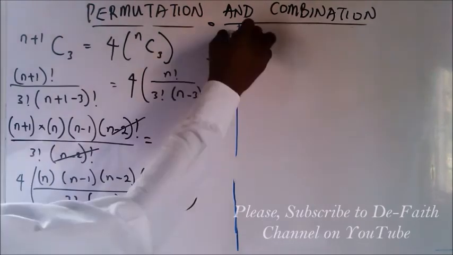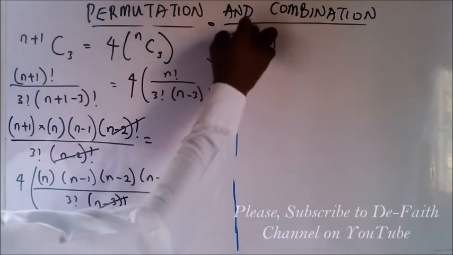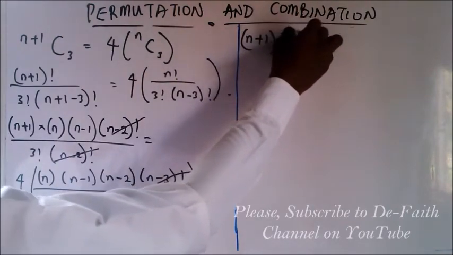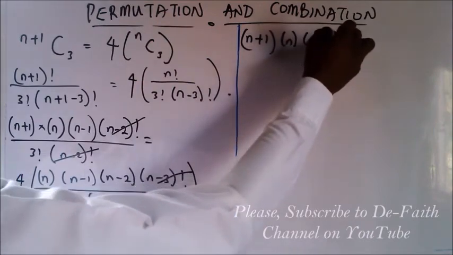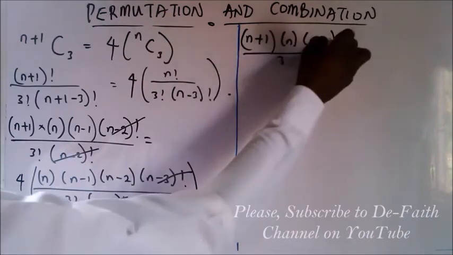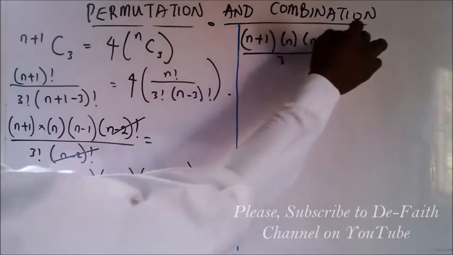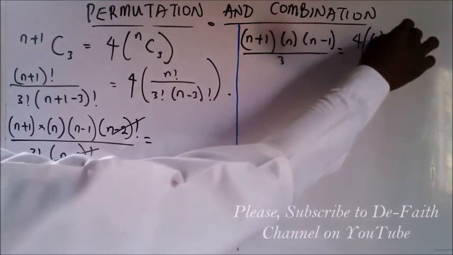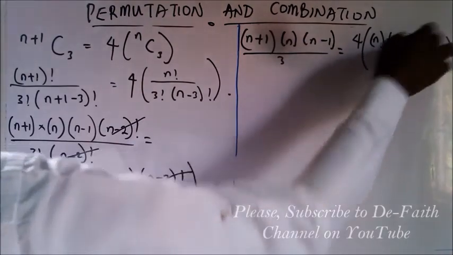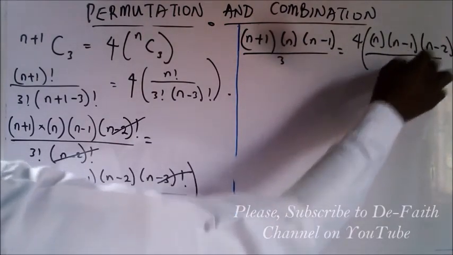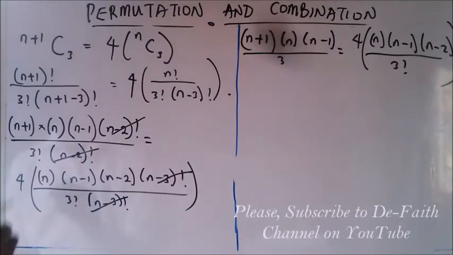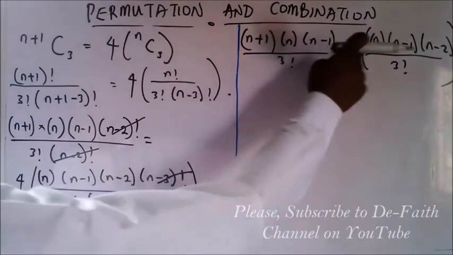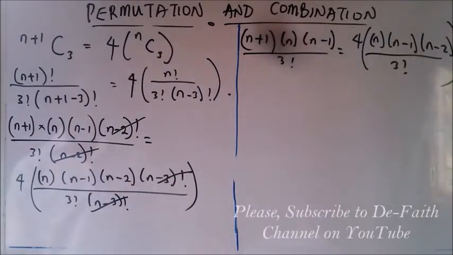We have n plus 1 into bracket n minus 1 over 3, equal to 4 into brackets n minus 1, n minus 2 over 3 factorial. Alright, so don't let us forget that this is a factorial here, so that's 3 factorial also. This 4 can multiply what we have here.